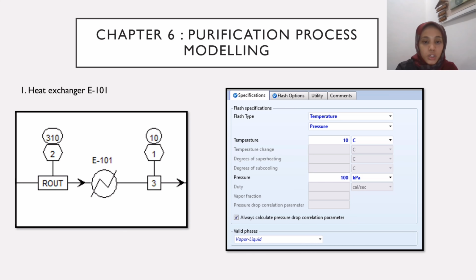However, to make sure that the separation is effective, a cooler is added to reduce the temperature and pressure. So first is heat exchanger E101, used as a cooler. The temperature set is 10 degrees and the pressure is 100 kPa.